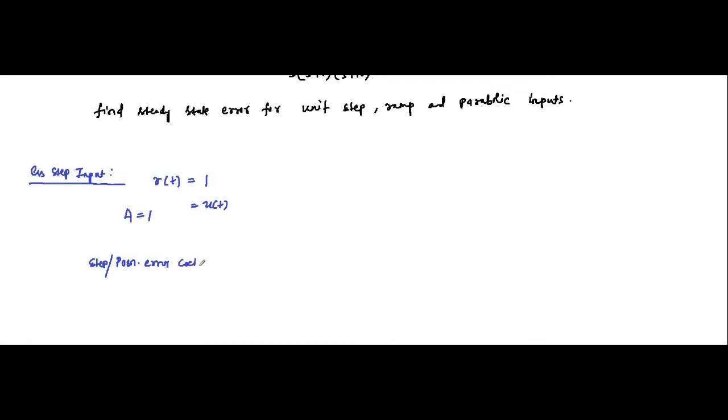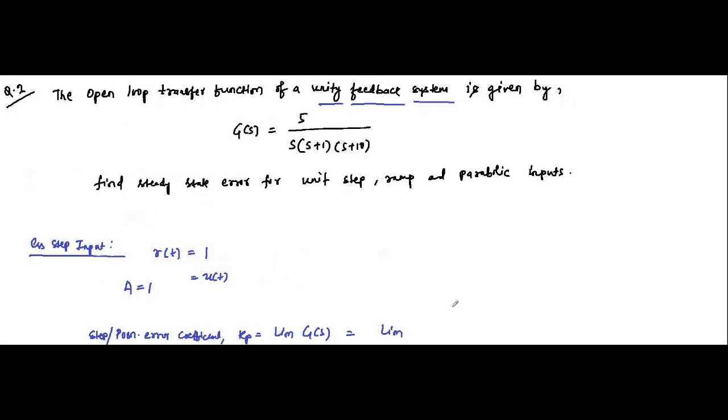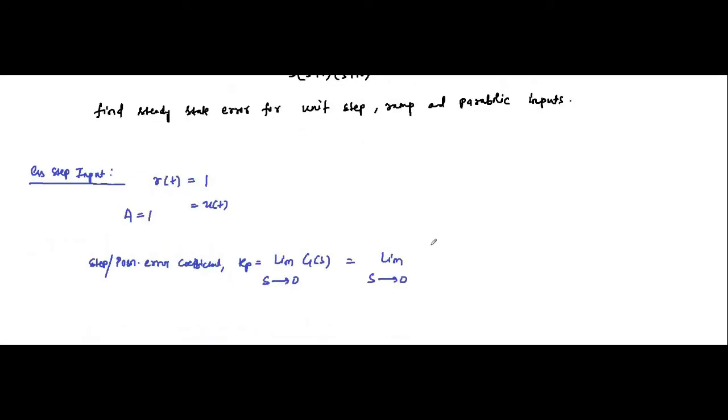Okay, that we have to find out, which is Kp, equal to limit s tends to 0 of G(s). So here we'll put the value of G(s), that is 5 by s into (s plus 1) into (s plus 10).